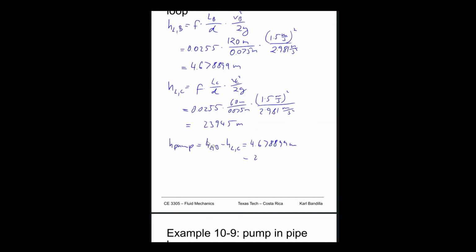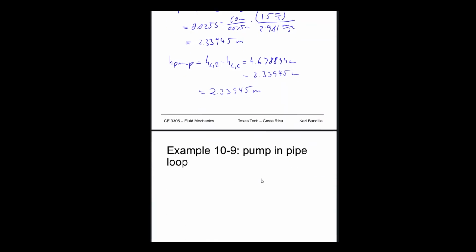Let's see, 2.33945. Now I have it right. 2.33945 meters. Right, again, makes sense because one was half of the other.